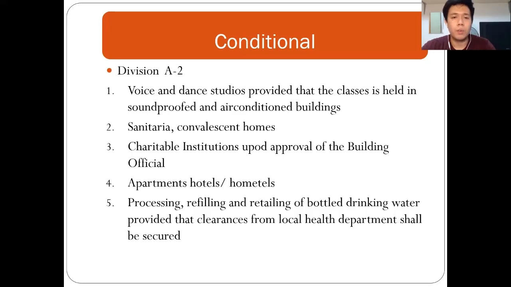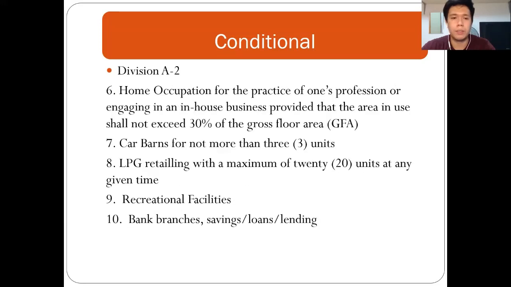For Division A2, voice and dance studios provided that the classes are held in soundproof and air-conditioned buildings, sanitaria, and convalescent homes, charitable institutions upon approval of the building officials, apartment hotels or hotels, processing, refilling, and retailing of bottled drinking water, provided that clearances from local health departments shall be secured.